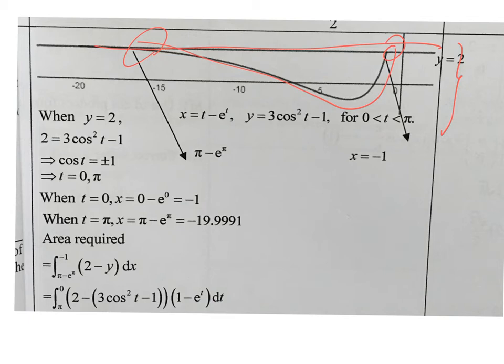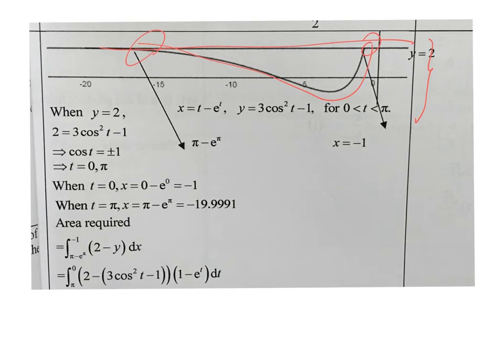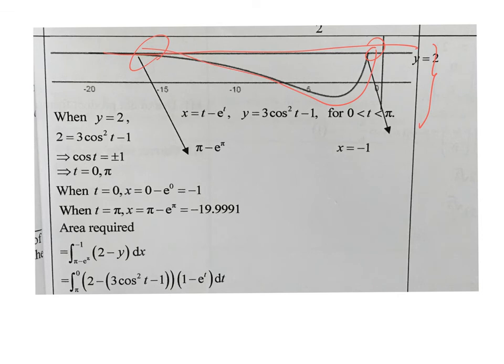So when y equals to 2, what you need to do is, you know that eventually you are doing the integral from, so the thing is, how do you find the two bounds? Basically you need to equate y equals to 2 with the function which is y equals to 3 cosine square t minus 1.